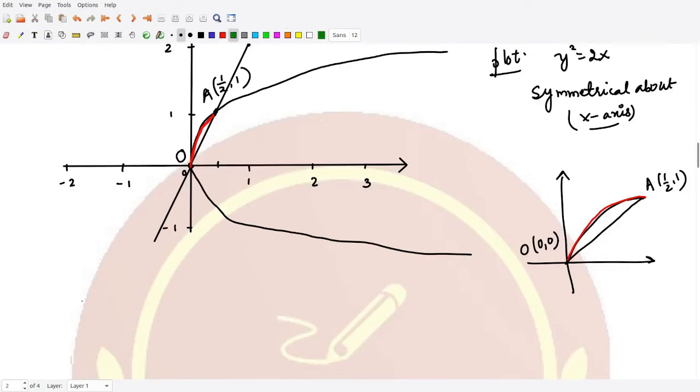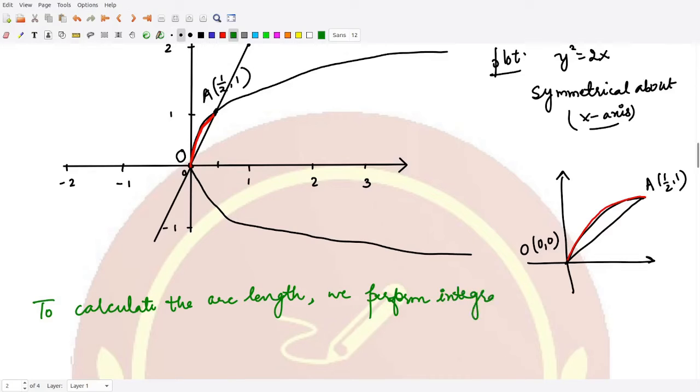So if you remember, to calculate the arc length, what do we do? We perform the integration. And what kind of integration do we do here? We just integrate very small portions of s, where s is the arc length.